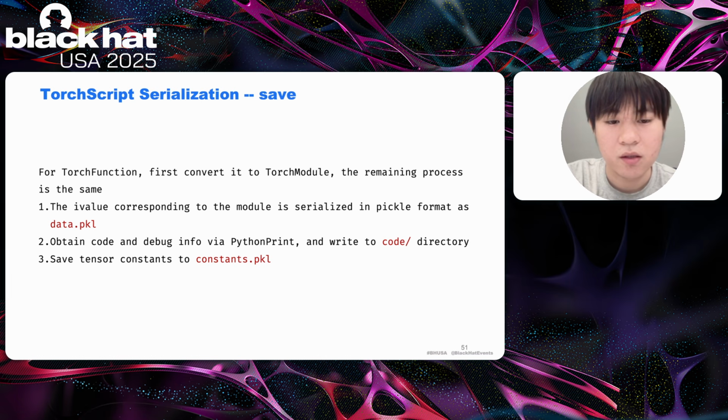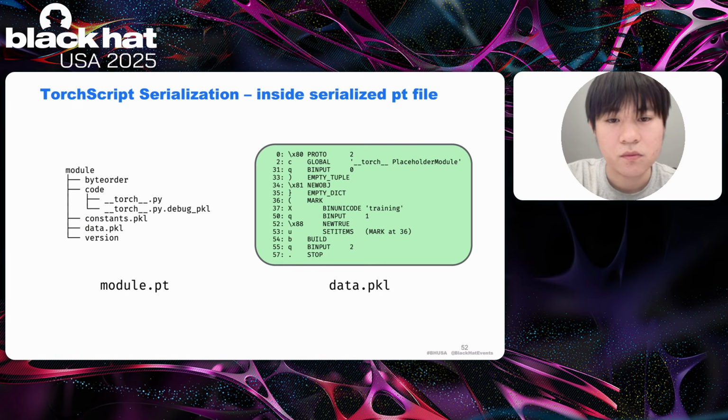Let's look at the details of the PT file. The PT file is a compressed archive using zip compression. The file tree after decompression is shown above, and we can use pickle tools to disassemble it.